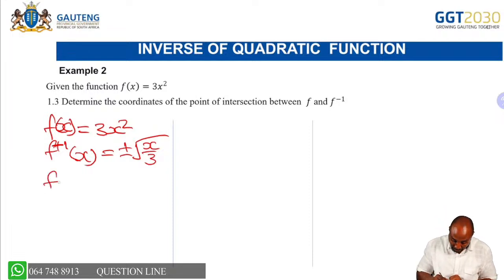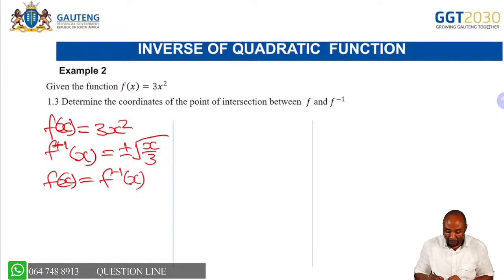Now, if in this case you equate f of x equal to f inverse of x, you are having 3x squared is equal to plus minus the square root of x over 3.